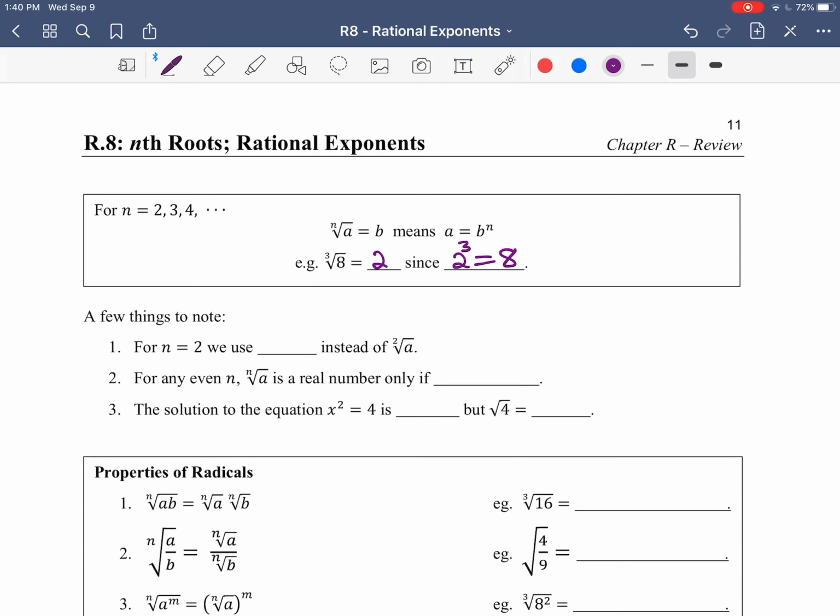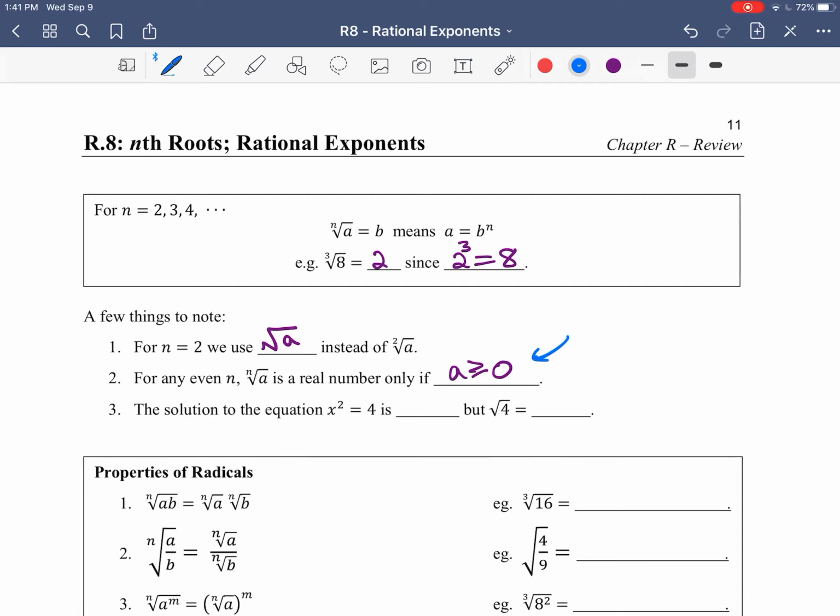Some comments. If n is 2, we normally don't write the 2, so we would just write the square root of a without the 2. For any even n, so 2, 4, 6, 8, etc., the nth root of a exists as a real number only if a is non-negative.